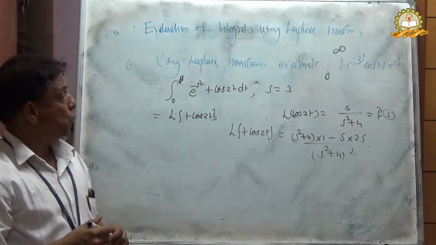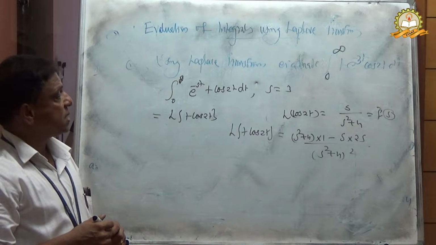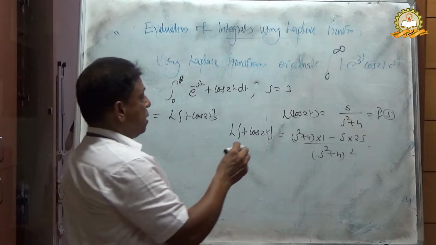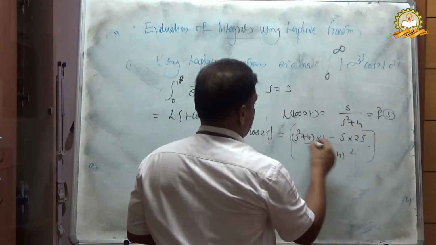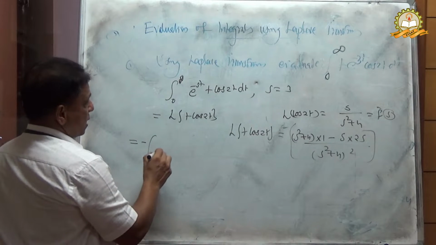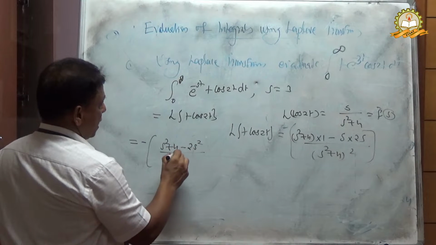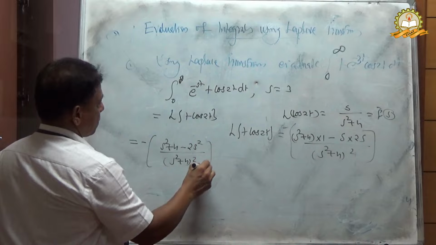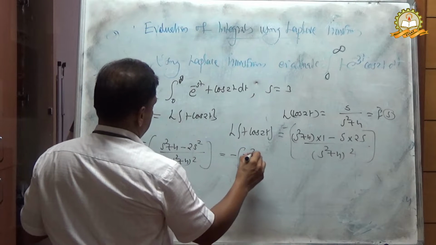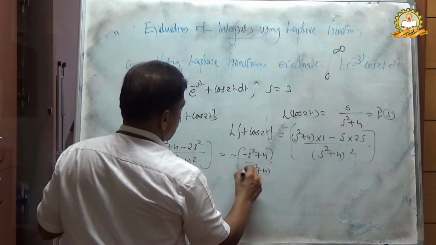We apply the quotient rule for L of t cos 2t: s square plus 4 into 1 minus s into 2s, divided by s square plus 4 the whole square, and then multiply by minus 1. Therefore, this is equal to minus s square plus 4 minus 2s square divided by s square plus 4 the whole square, that is, minus s square plus 4 divided by s square plus 4 the whole square.